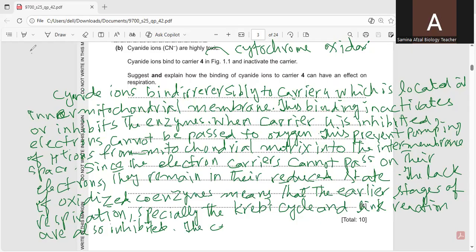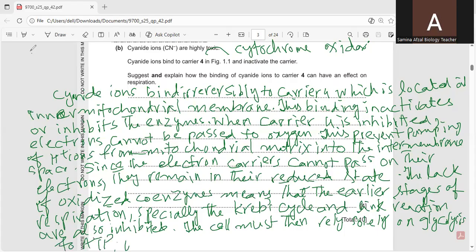The cell must then rely solely on glycolysis for ATP, which is a much less efficient process.